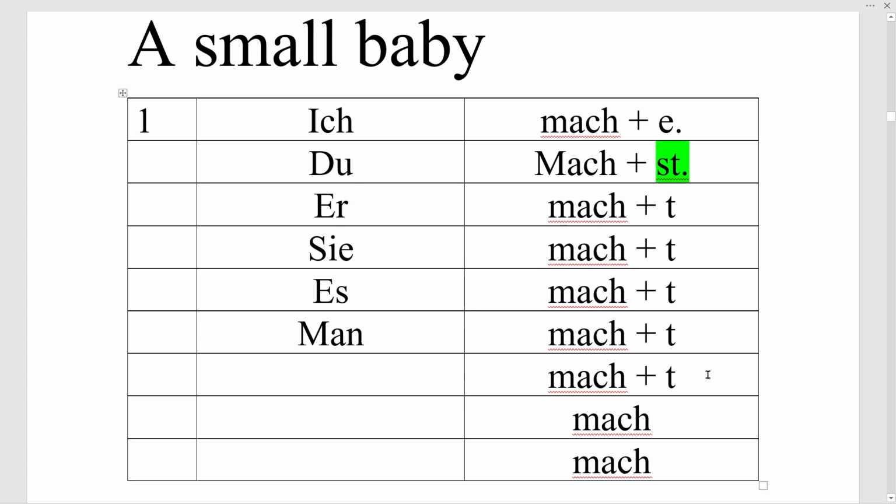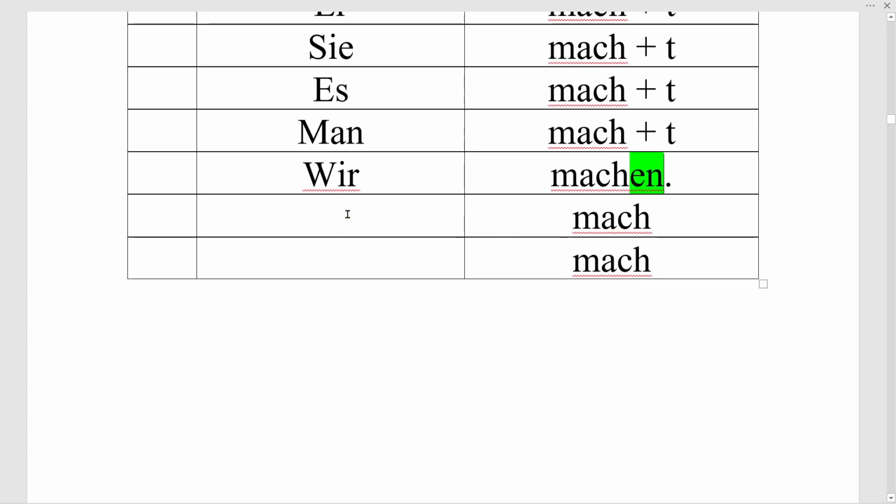So ich, du, ihr, sie, es, man. Now here we say wir machen. If you remember, wir was always used with machen. Why did this happen? Because we talked about it before. We said these three pronouns are always used with the simple infinitive in German, without removing en, which is the sound of the infinitive, the sound of the verb.